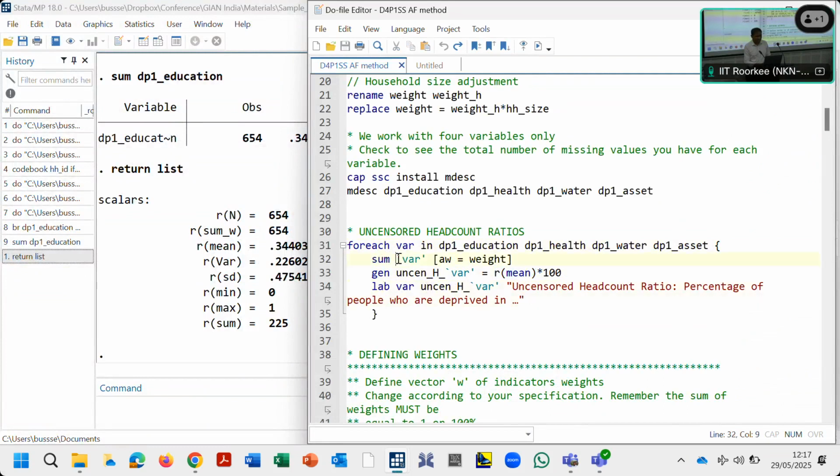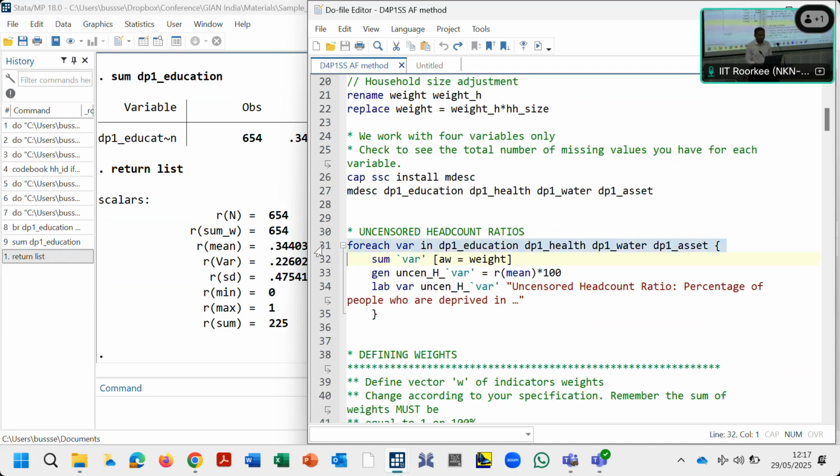Look, this is how you recall a local variable: quotation, single quotation, var, there you go. It will run this loop 4 times and create this variable, so I don't have to repeat the code. Imagine you have 20 variables. Would you write the code 20 times? No, you just say repeat, it's a loop.